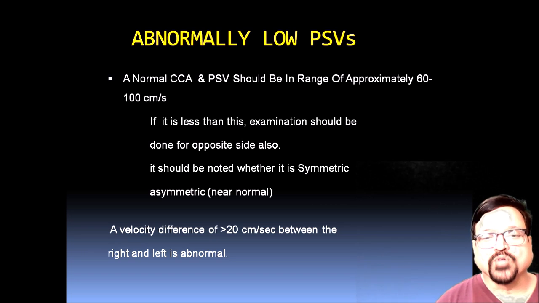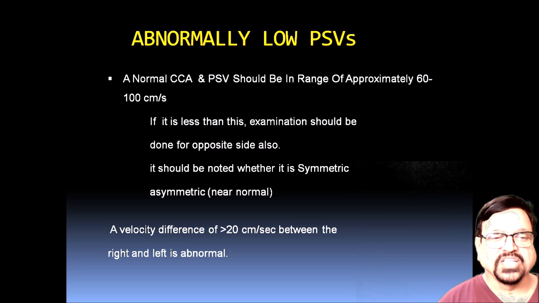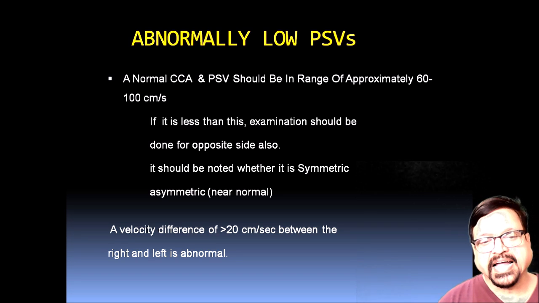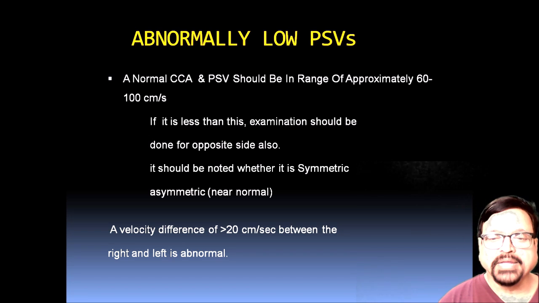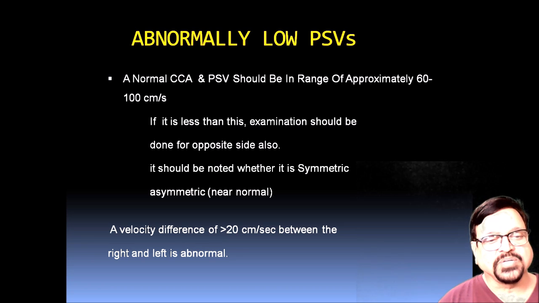Now what causes abnormally low PSVs? A normal common carotid peak systolic velocity should be in the range of approximately 60 to 100 centimeters per second. Any common carotid artery, when we estimate the PSVs, they are in the range of 60 to 100.